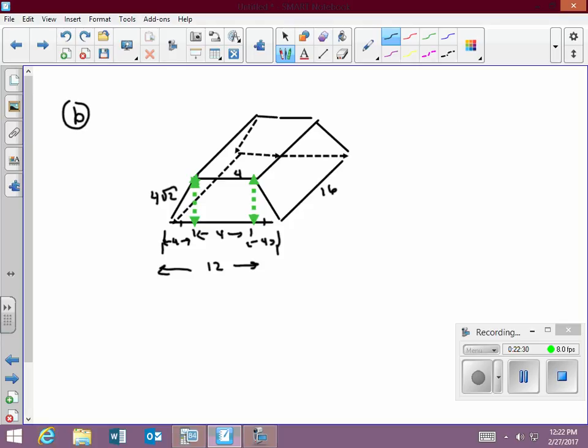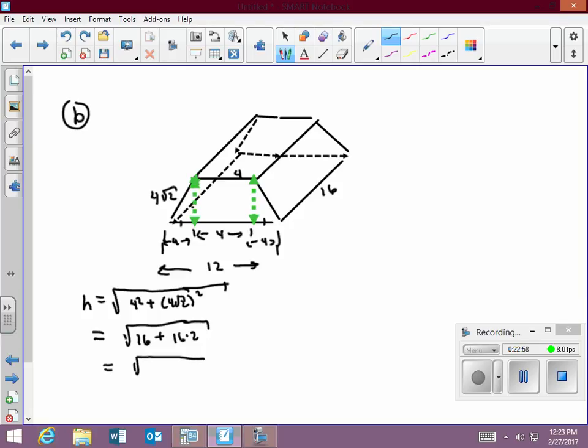Now what we can do is find that green, the height, which is going to be the square root of 4 squared plus 4 square root of 2 squared. Square root of 16 plus 16 times 2. 16 plus 32. 48.